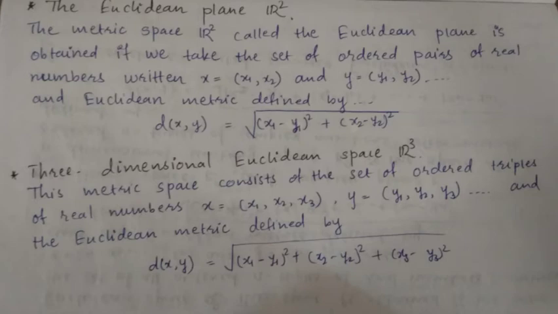So the next example of a metric space is the three-dimensional Euclidean space R3. This metric space consists of the set of ordered triples of real numbers, written as x is equal to (x1, x2, x3) and y is equal to (y1, y2, y3), and the Euclidean metric is defined by d(x,y) is equal to the square root of (x1 minus y1) whole squared plus (x2 minus y2) whole squared plus (x3 minus y3) whole squared.